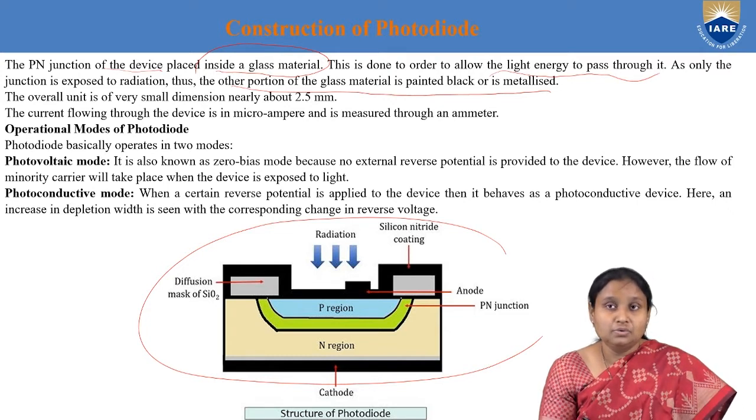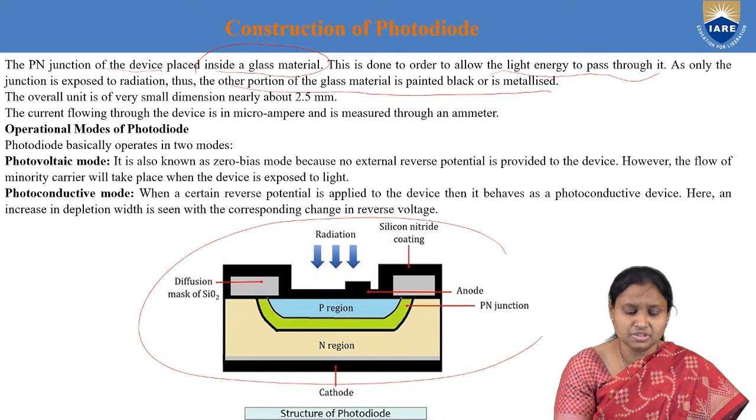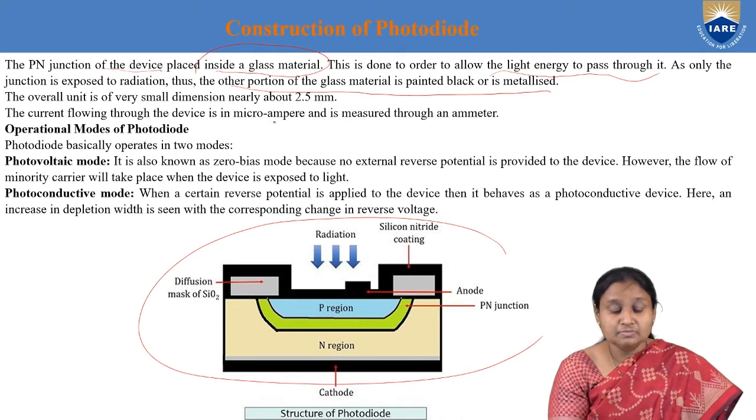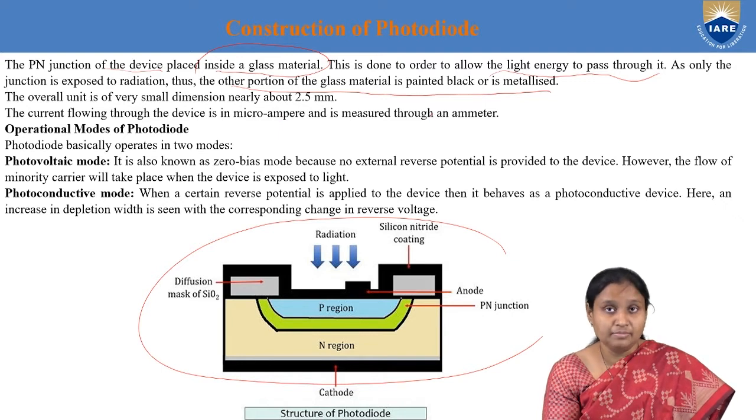And as I told you, this particular device is of very small dimension. The current flowing is measured in microamps by connecting this photodiode to an ammeter.